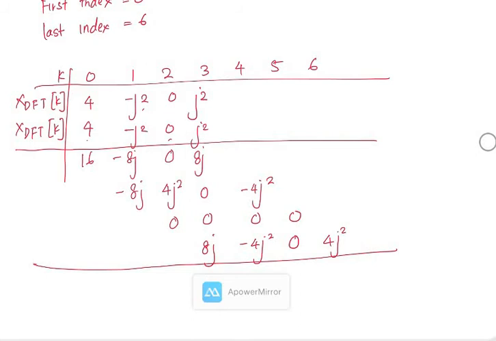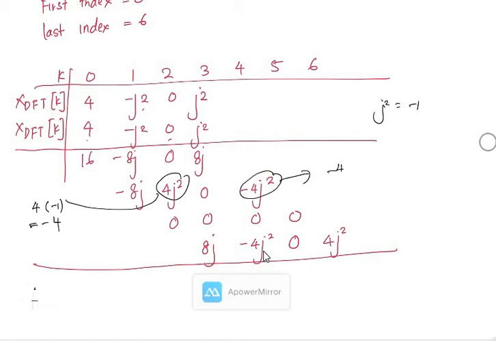If you look here, you have j squared in several places, so you can change it. j squared is equal to negative 1, so you can substitute the value of negative 1. You get negative 4. Similarly, negative 4 multiplied with negative 1 gives 4. And the same for this one, you get positive 4.